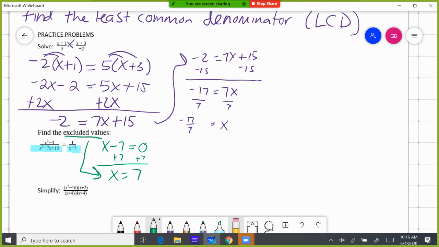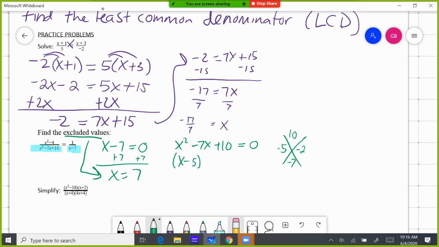Now the other one, x squared minus 7x plus 10. We need to figure out when that is 0. To do that, we did what we did in chapter 4. We're going to factor this quadratic. So what numbers should multiply to 10 and add up to -7? Five and 2. But to get -7, they both have to be negative.